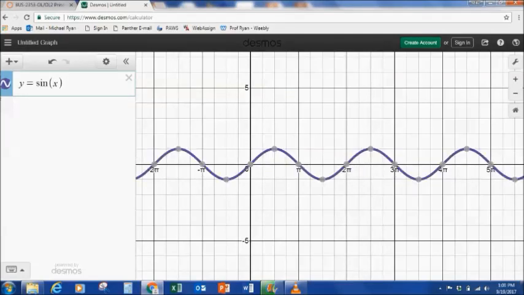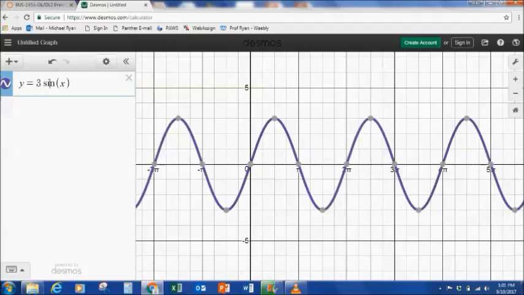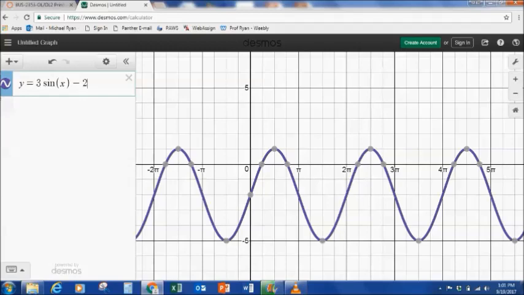So now, let's say that I had the function 3 sine of x minus 2. I want you to notice now that the highest point of the graph is at 1, and the lowest point of the graph is at negative 5.